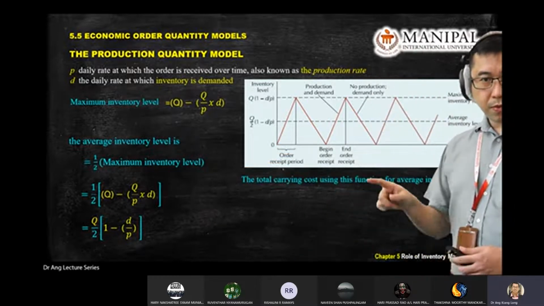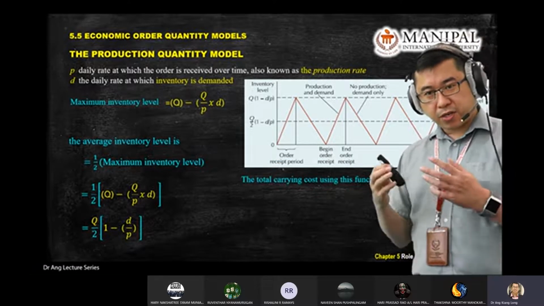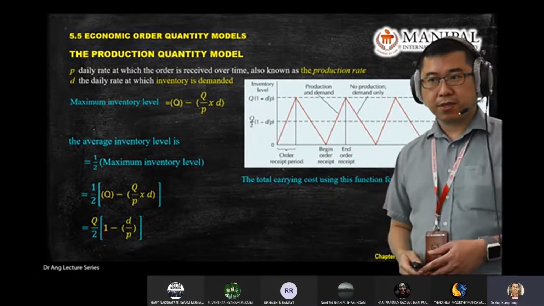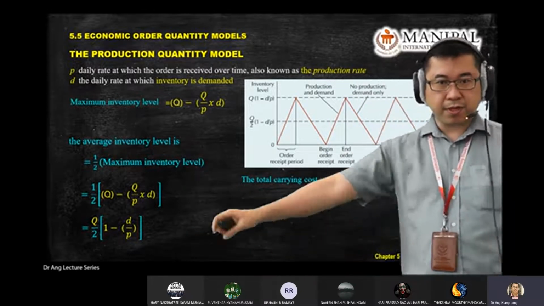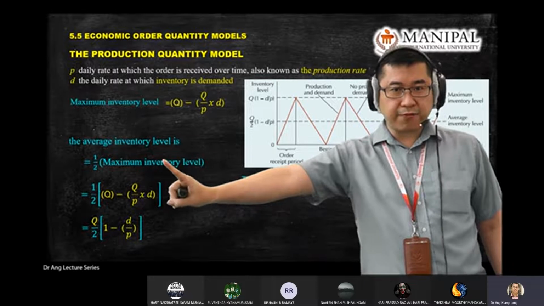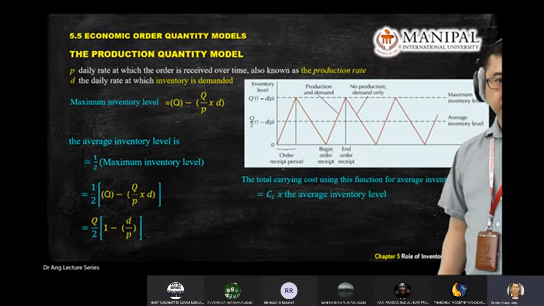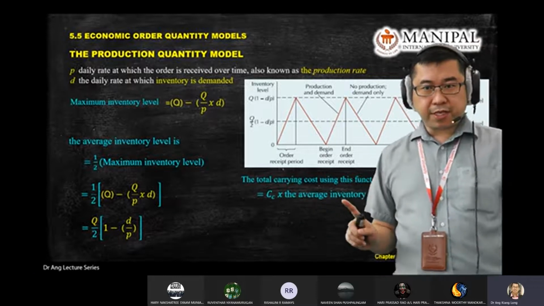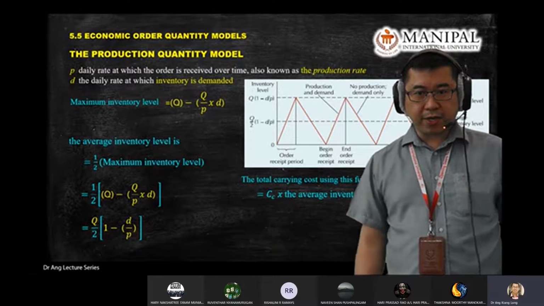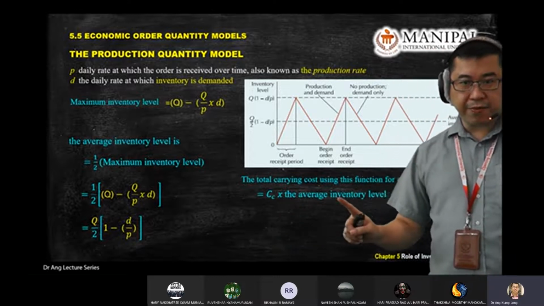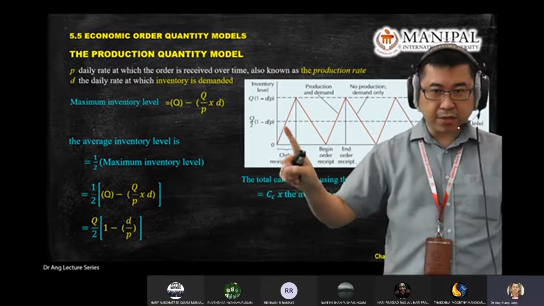So to find the total carrying cost by using the average inventory level, the purpose of calculating this average inventory level is to calculate the total carrying cost. So we have this equation, CC, which is your carrying cost, multiplied by the average inventory level, which is given by this equation or this equation.